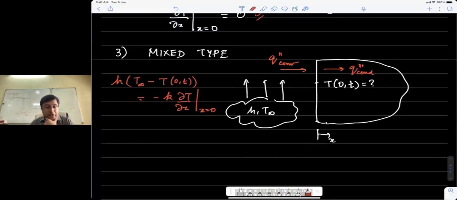That is the energy conservation at the surface. H times T infinity minus T inherently assumes that T infinity is more than the surface temperature, which need not be, and that's not a problem. It says this amount of heat is given to the surface, and the surface conducts it into the solid.